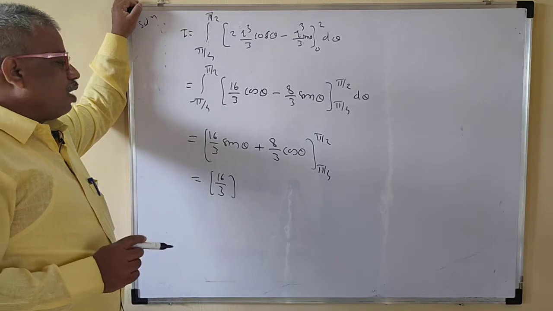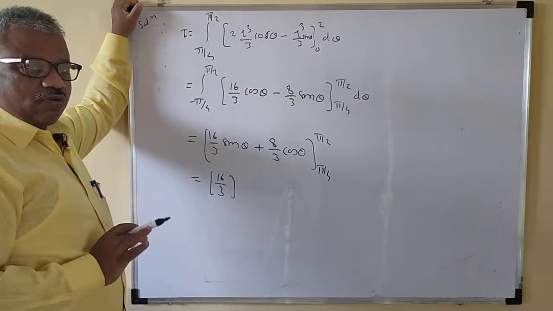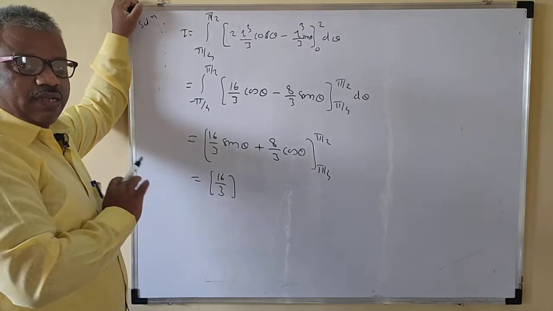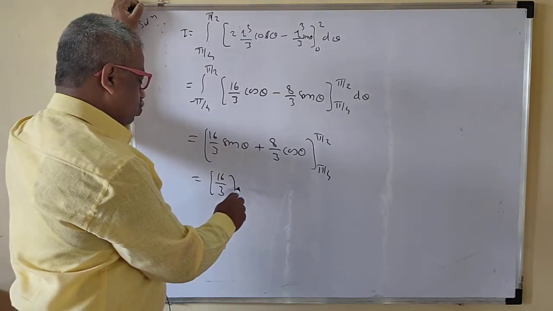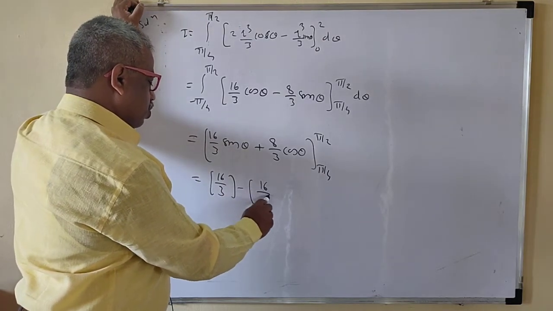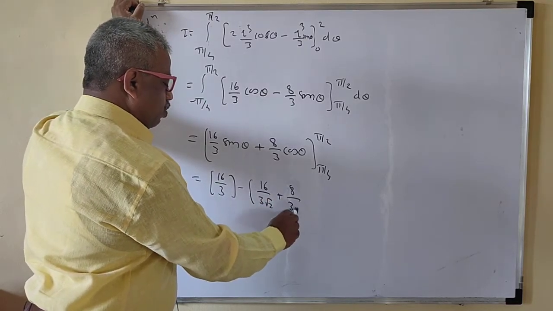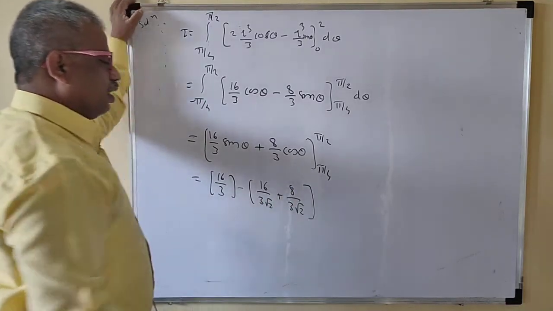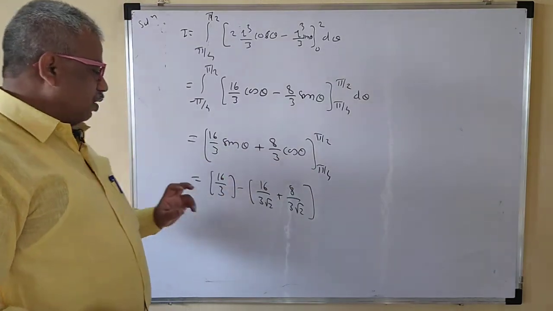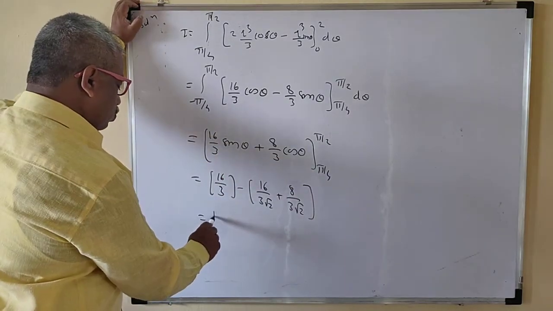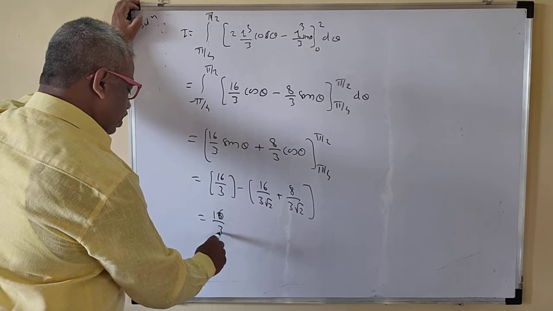Now you know that sin and cos both have the same value at pi by 4, which is 1 by root 2. So minus 16 upon 3 root 2 plus 8 upon 3 root 2. Because cos pi by 4 is 1 by root 2, and sin pi by 4 is also 1 by root 2. So this is 16 by 3 minus 8 by root 2.